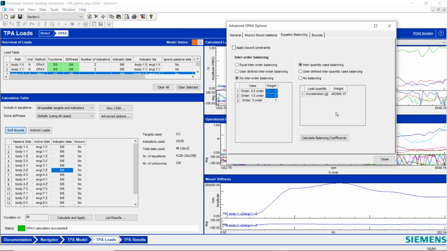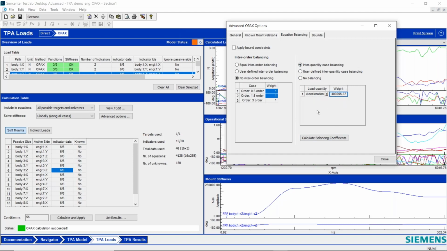If I had mixed units in each of my quantities, like sometimes you might have strain gauge responses as well as accelerometer responses. Those have very different scales. So we suggest calculating the balancing coefficients for the units and always using that. So that's the default here. And here I only have 1 unit, so it doesn't really matter.